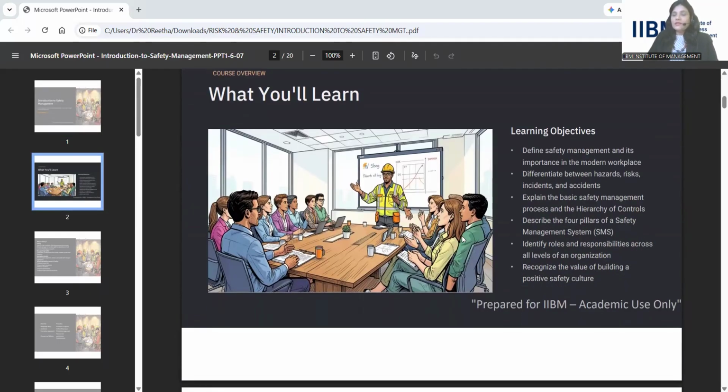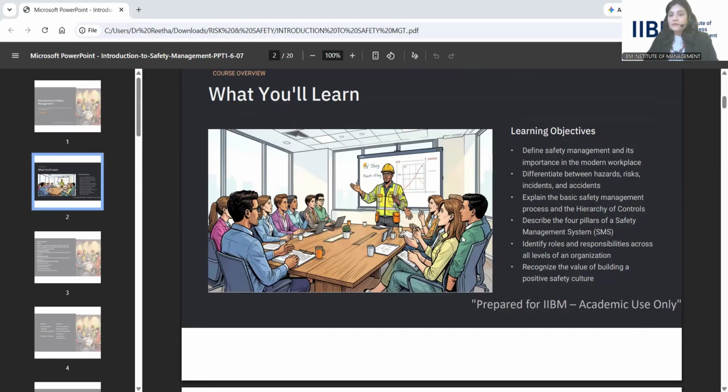In today's session, our learning objectives have been classified as defining safety management and its importance in the modern workplace, and differentiating between the various hazards, risks, incidents, and accidents. How do you actually classify and find the difference between all these things? How do you explain the basic safety management processes and the hierarchy of controls?